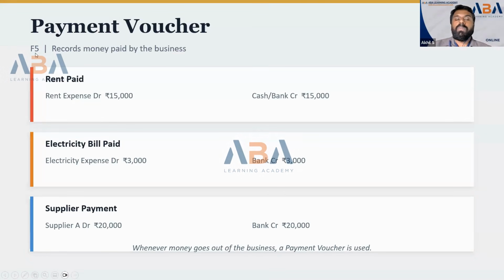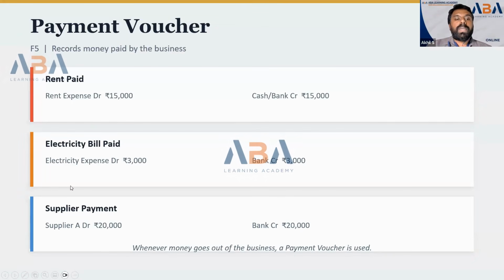Shortcut key is F5 and it is used for recording money paid by the business. So if our business is paying money to a third person, if money is going out from our cash account to a different person's account, or from our bank account to a different person's bank account or cash, those kinds of entries we must enter through payment voucher.